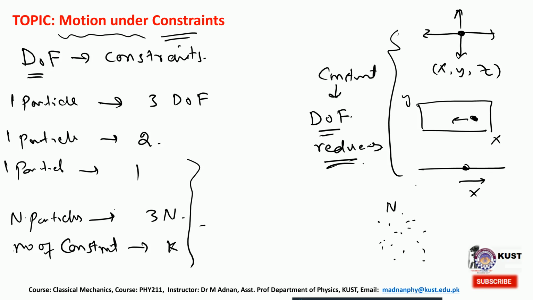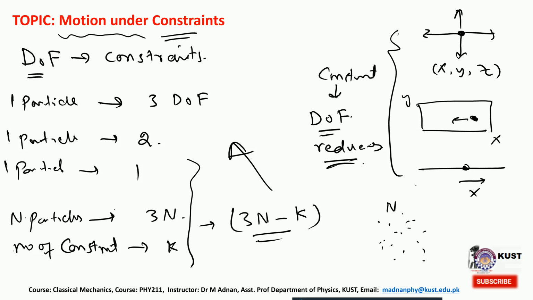So the general way to describe the degrees of freedom with respect to the constraints is 3n minus k. One can verify this with the help of this general expression, such that if n is 1, that is, we have a one particle system, this will be 3 minus k. Let's say the object is constrained to move on a straight wire, and it is constrained not to move in y and z, so then k will be equal to 2 and we will be having 1 degree of freedom.